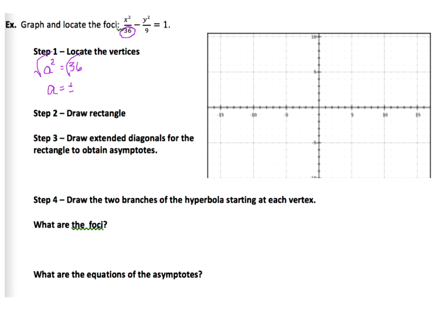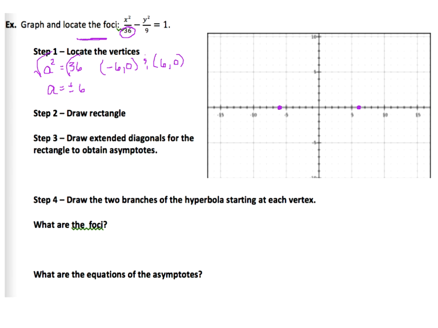A is equal to positive and negative 6. Don't forget, this transverse axis is horizontal, so my vertices are going to be located in my X values. These are negative 6, 0, and 6, 0, right here and here.